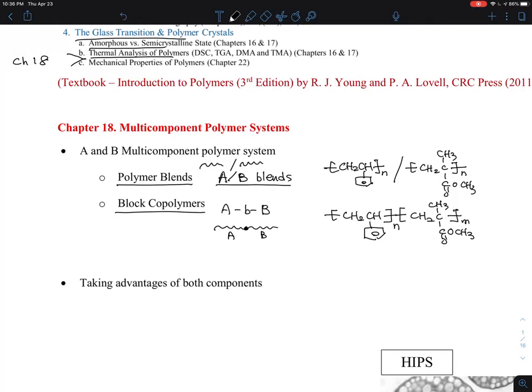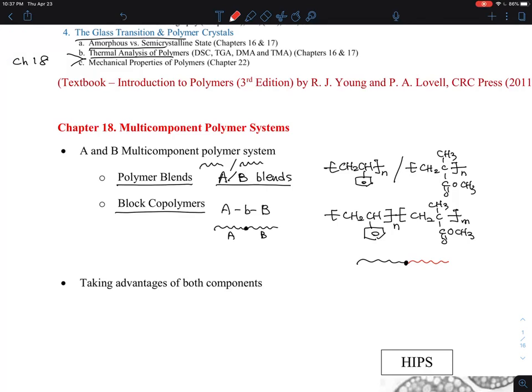So in this case, you have a polystyrene block with MMA. I can even try to make the color. So polystyrene block with MMA.